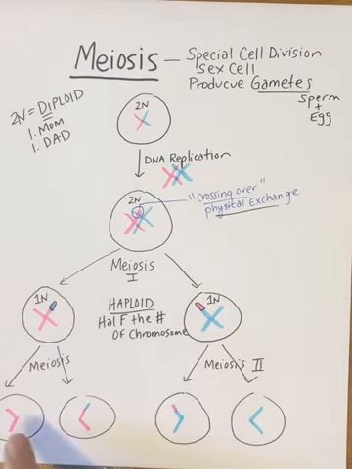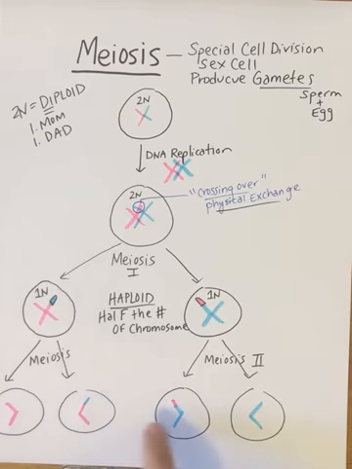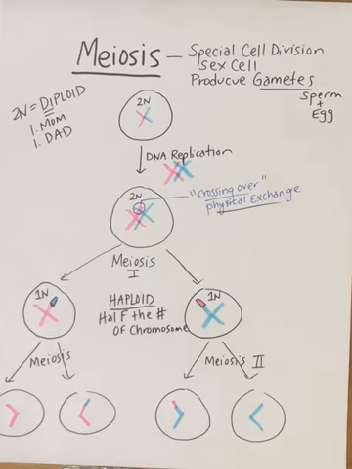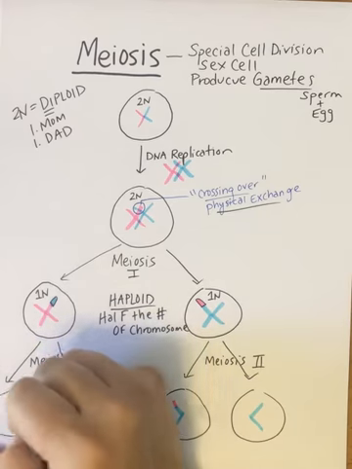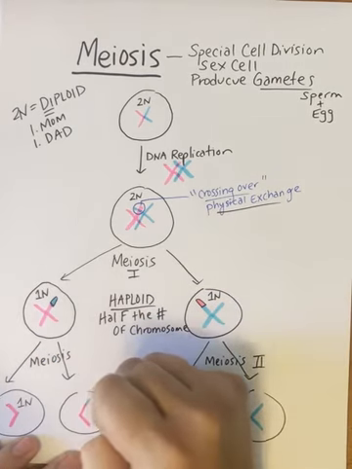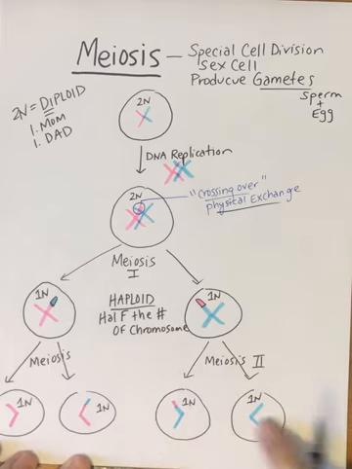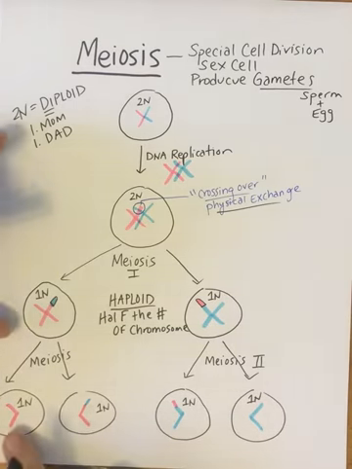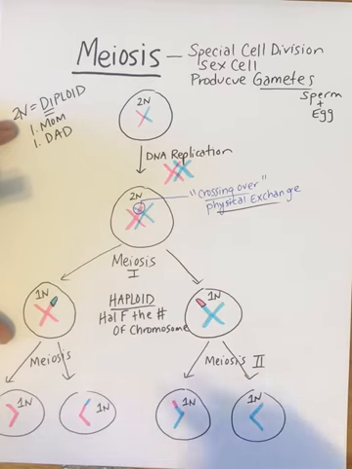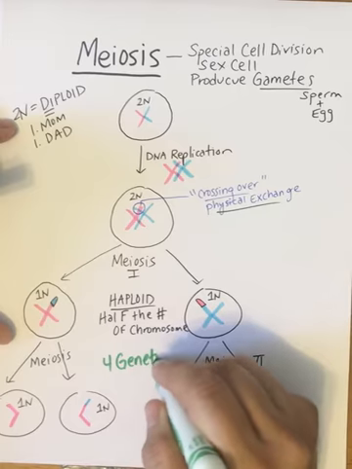So if you go through meiosis 2, this one only has mother's, this one only has dad's. So we literally say it has half the number of chromosomes. So these are all still considered to be haploid, 1N. So in meiosis versus mitosis, you're going to produce 4 genetically different daughter cells, and they're all going to be haploid, having half the number of chromosomes.